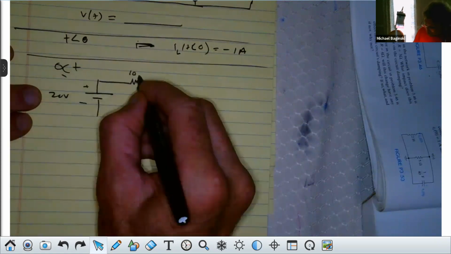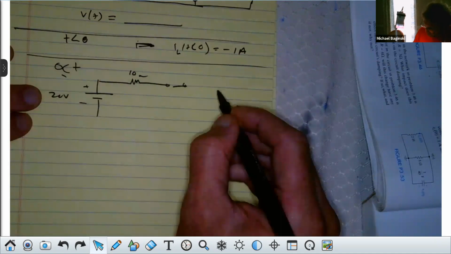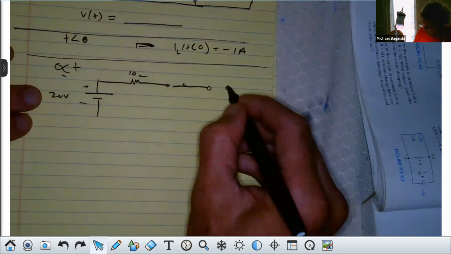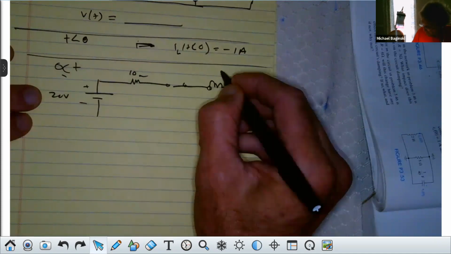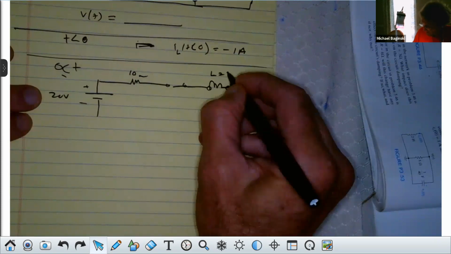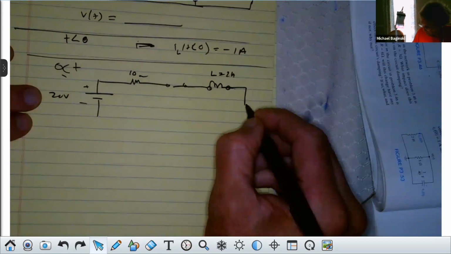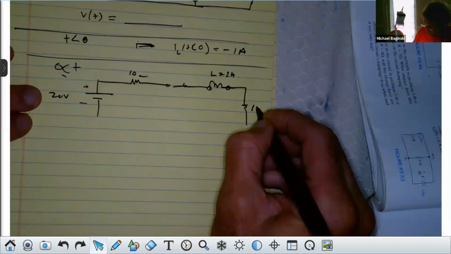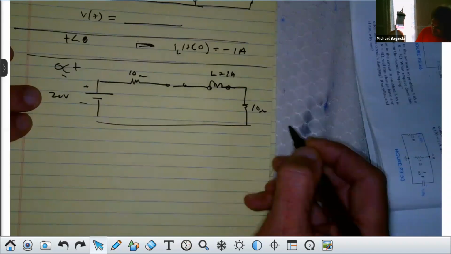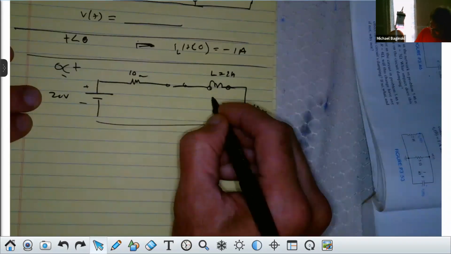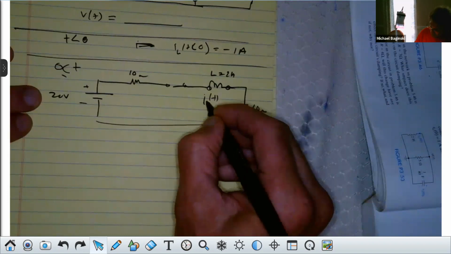There's a switch, it's closed. My inductor is right here. Got 10 ohms here. And this is I of t and IL of t in this direction.